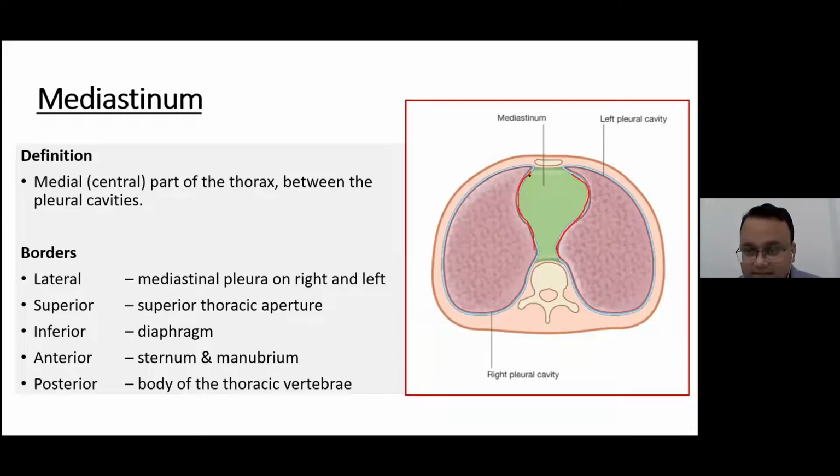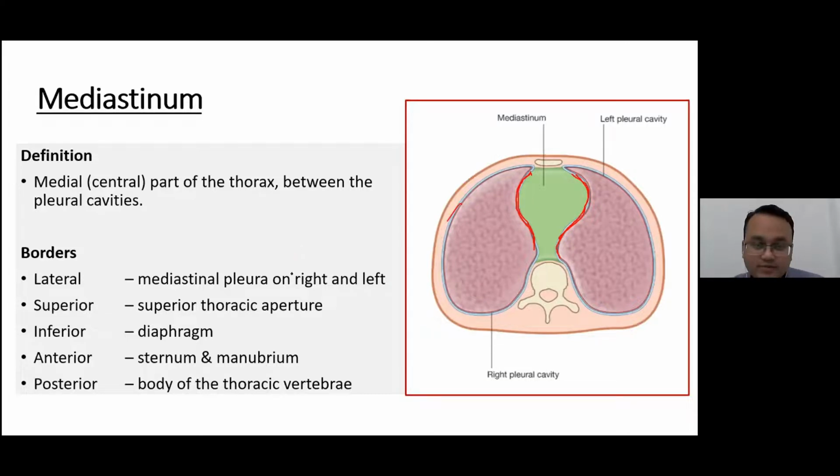Can you tell me which part of the pleura this is? This is called the mediastinal pleura, because it's on the medial aspect, rather than the costal pleura, the cervical pleura or the diaphragmatic pleura.